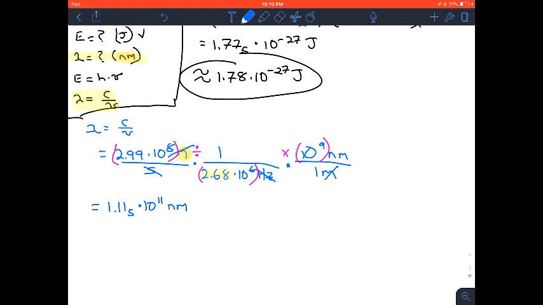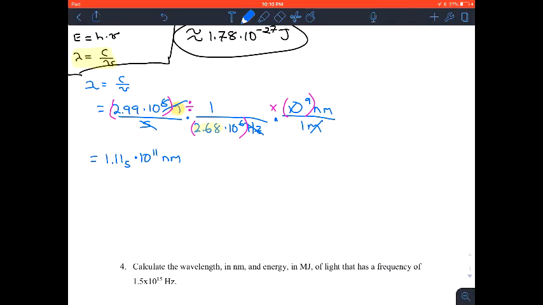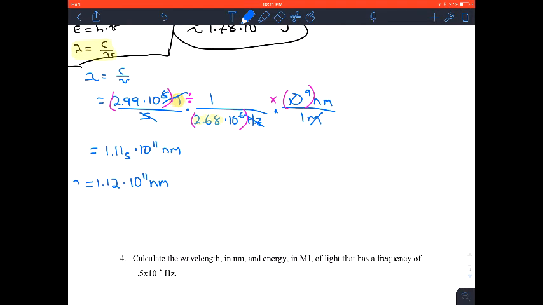So therefore our final answer has to be 1.12 times 10 to the 11th nanometers equals wavelength.